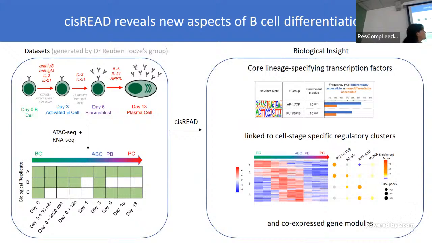It's revealed some interesting things, such as the importance of the AP1 transcription factor concept in transcriptional reprogramming and B-cell activation. You know, it's an example of how we can find the underlying biological signals from these really big noisy data sets.